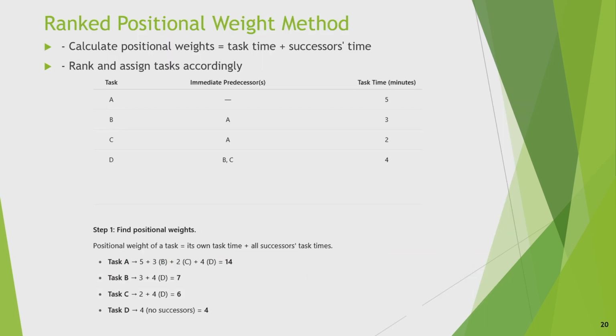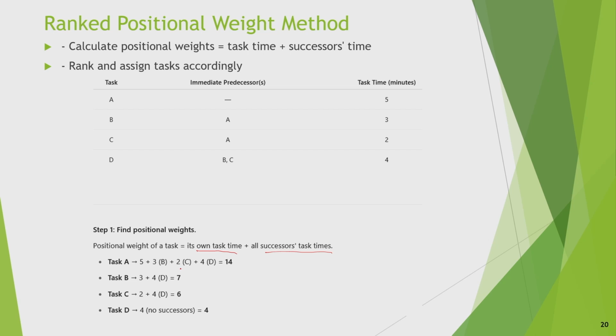In the rank positional weight method, we calculate positional weights, taking task time plus successors' time, and we rank and assign tasks accordingly. Here is a simple example: A has no immediate predecessor and task time is 5, B has predecessor A and is 3, C has predecessor A, and D has predecessors B and C. The positional weight of a task is its own task time plus its successors' task times.